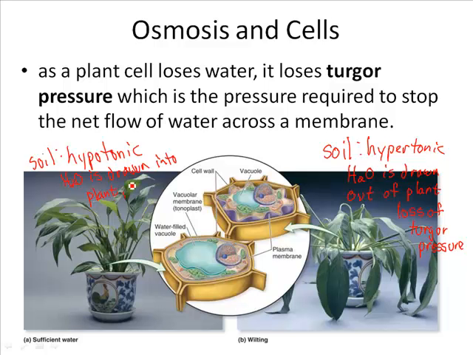And what that's going to do is reestablish the turgor pressure required for a plant to sit upright against gravity. Right? We sit upright against gravity because we have a skeleton, right? But plants don't have a skeleton. So how can it maintain this upright position? It all has to do with the flow of water into and out of a plant.